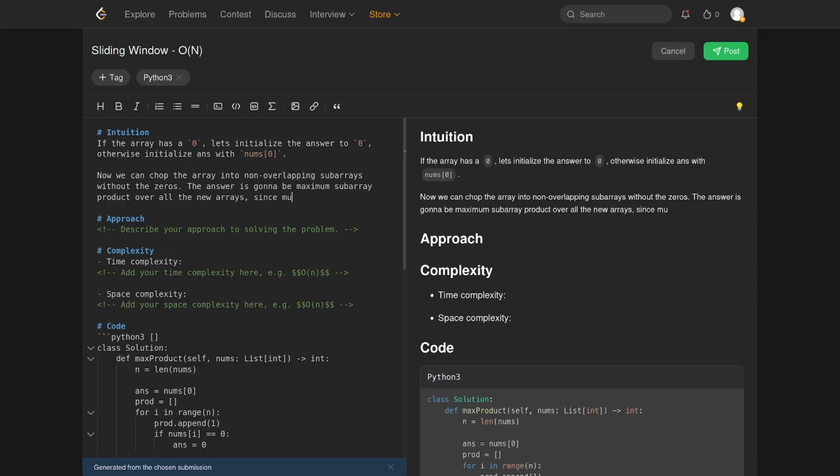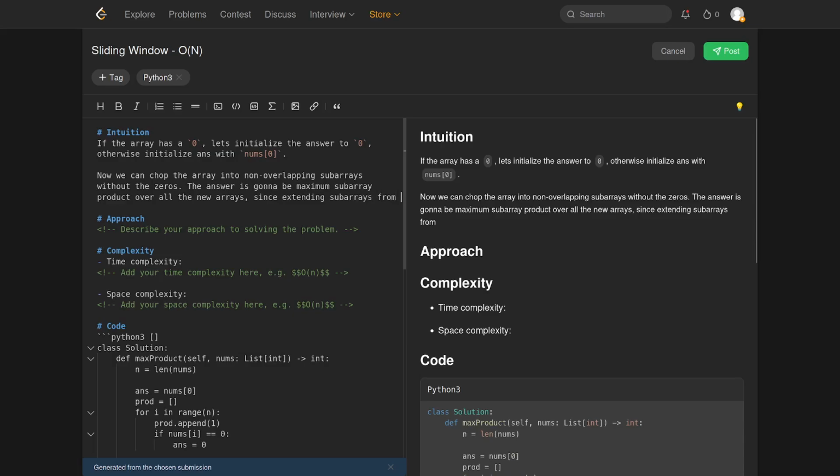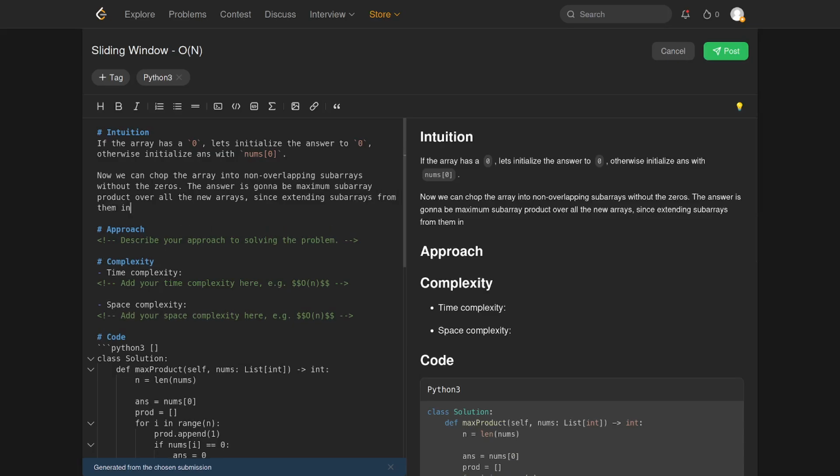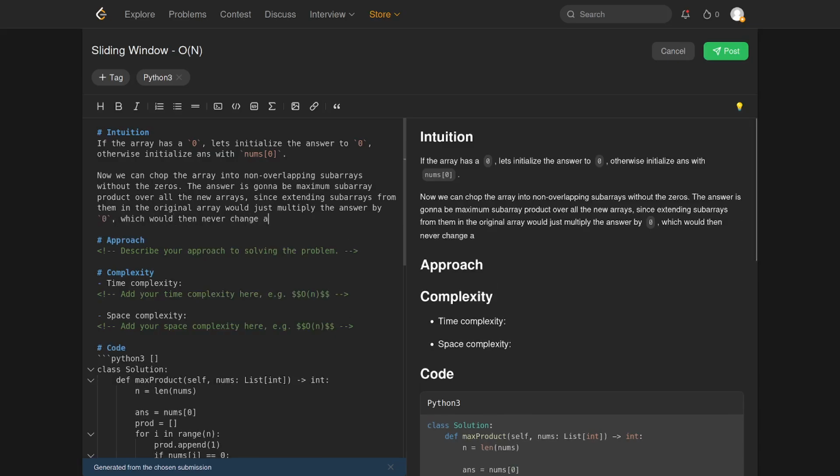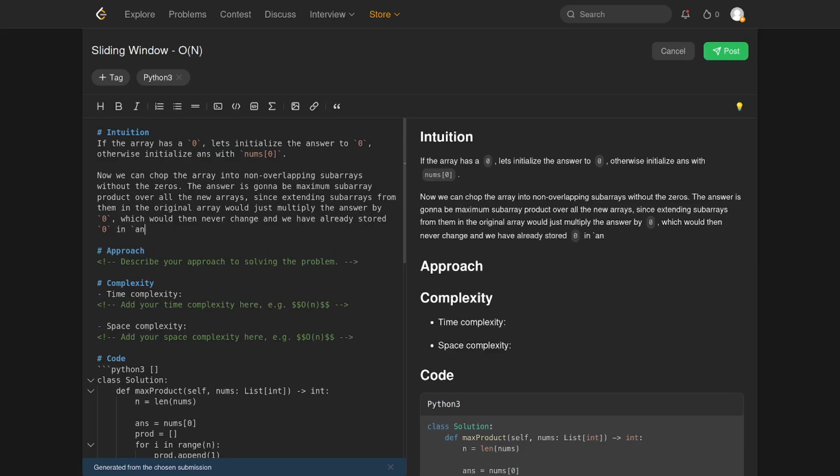since multiplying by 0, since extending subarrays from them in the original array would just multiply the answer by 0, which would then never change, and we have already stored 0 in ans if there is one.